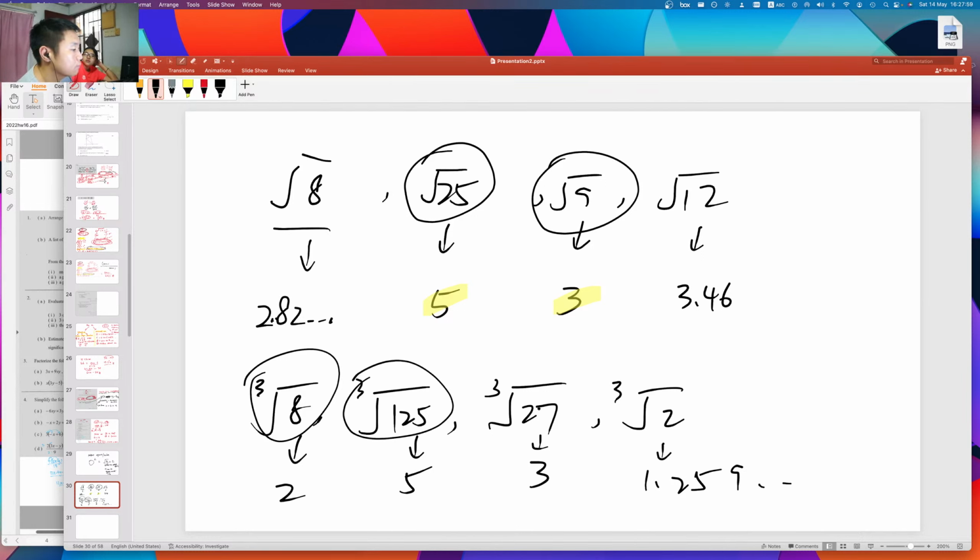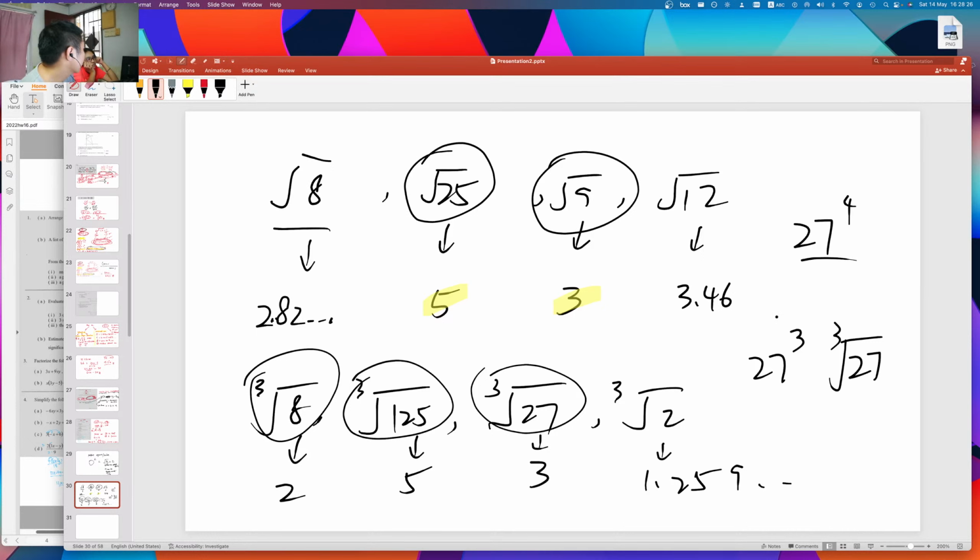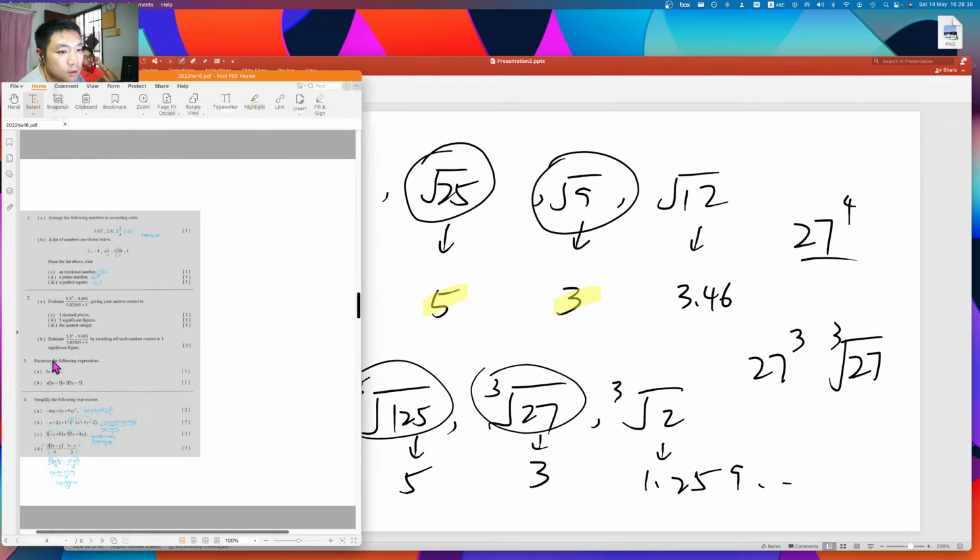Correct. Cube root 27. Correct. Okay, so that's the way you pronounce. Alright? Okay, this is 27 cube. This is cube root 27. Okay? Good. Then how do you say this? 27 to the power of 4. Correct. Okay, very good.